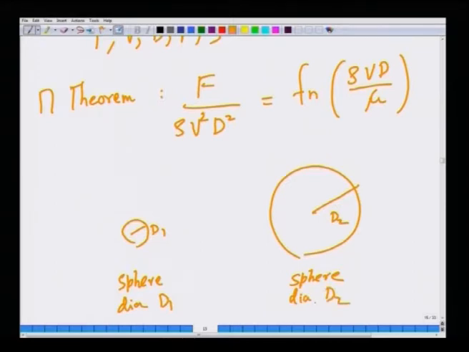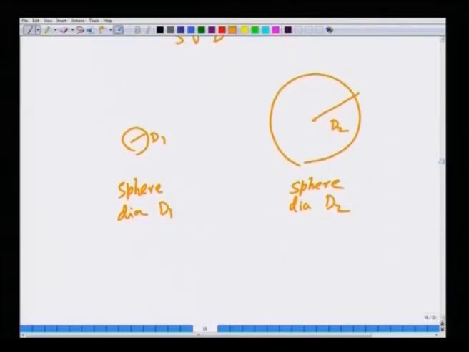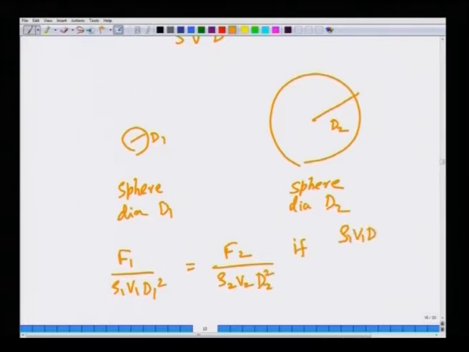Then we found that f 1 by rho 1 v 1 squared d 1 squared will be equal to f 2 by rho 2 v 2 squared d 2 squared if rho 1 v 1 d 1 by mu 1 is equal to rho 2 v 2 d 2 by mu 2.